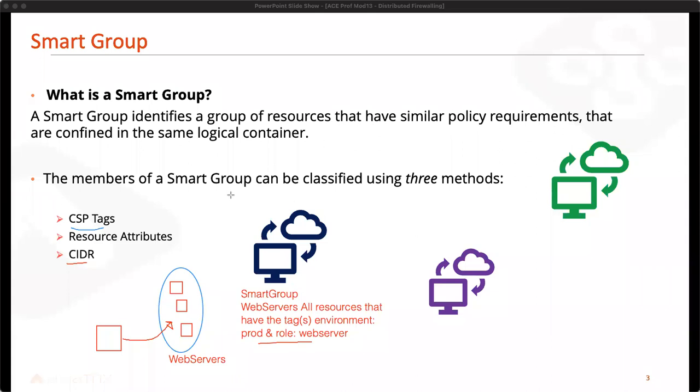Generally on-prem, we are not going to be able to read the CSP tags, so we can resort to IP addresses as another identity mechanism. Again, CSP tags would be the most common, but we understand there will be multiple use cases where IP addresses could fill the gap. So we have both of these possibilities.